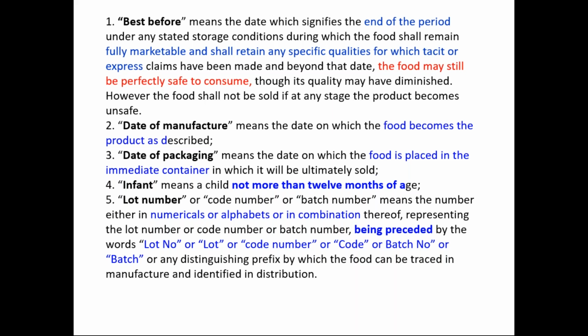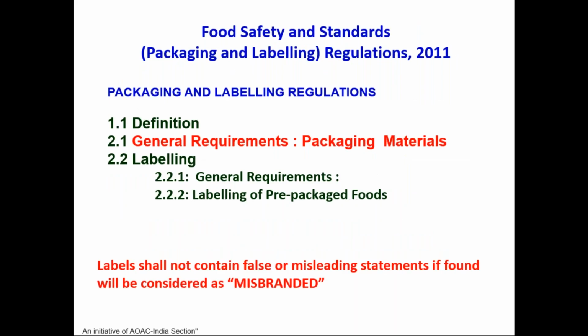These lot numbers or code numbers use both alphabets and numericals to give you the code or the batch number. It also helps the manufacturer to identify his distribution of the product. As we go along, you will see the use of these definitions.